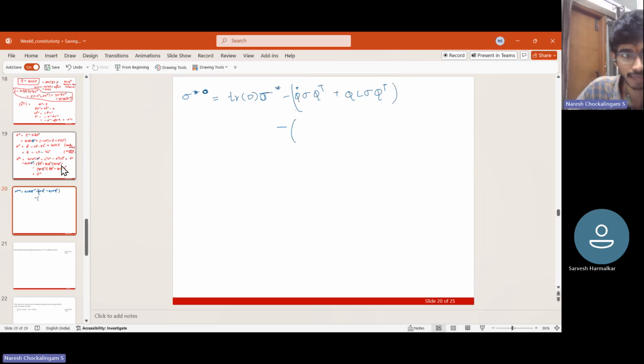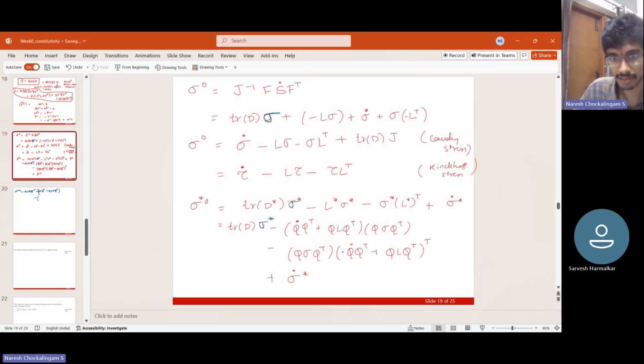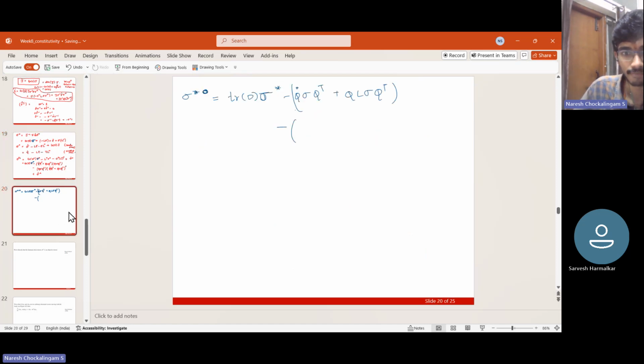Then the second term, what do we have? Multiplying with the first term, you get Q sigma. We have to transpose it first, so this becomes Q dot transpose.